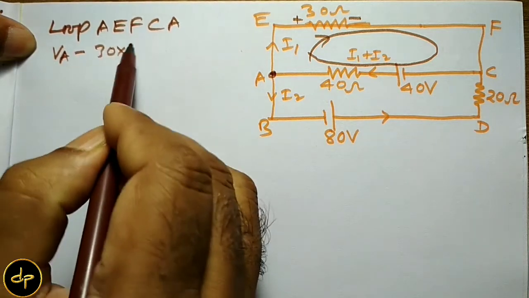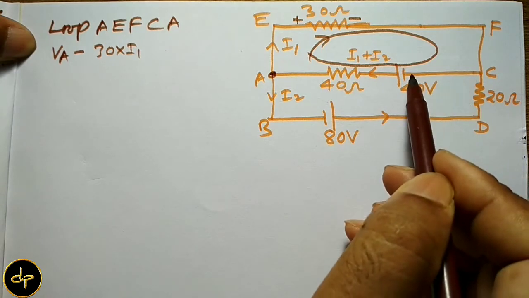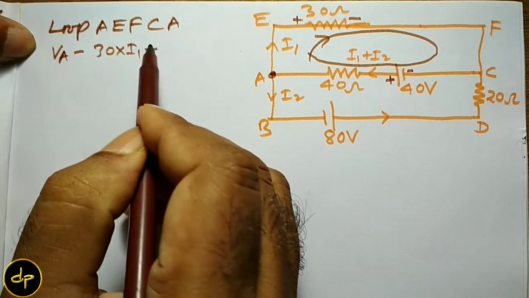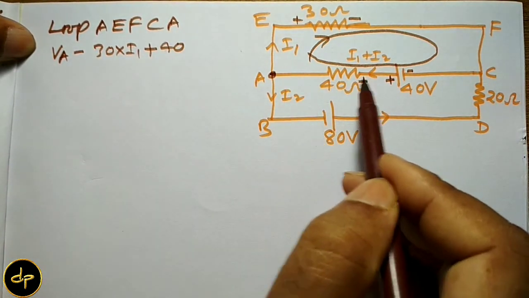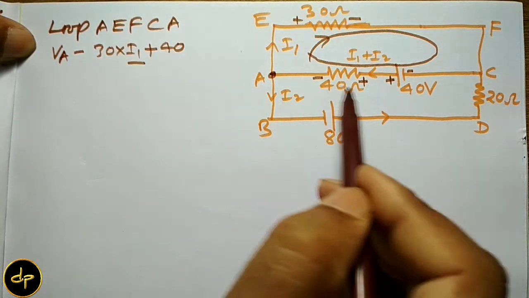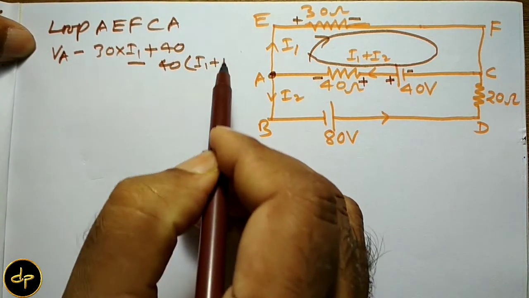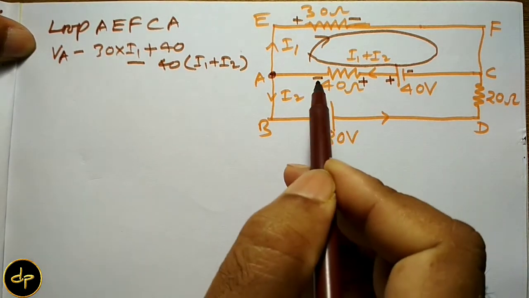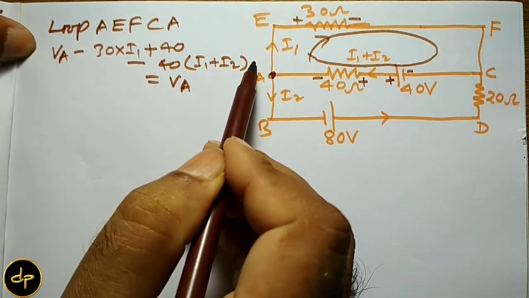So 30 into current I1, and then F and C, and from here to here, because the minus and positive plate is here, there is a rise of potential of 40 volt. Then current is in this direction, so this would be positive and this will be negative, a drop in the potential, equal to minus 40 into the current I1 plus I2, and then we will reach the potential of A. So this is a completed loop.